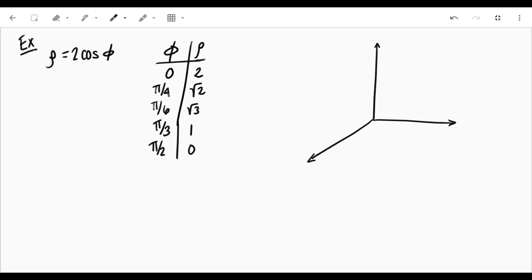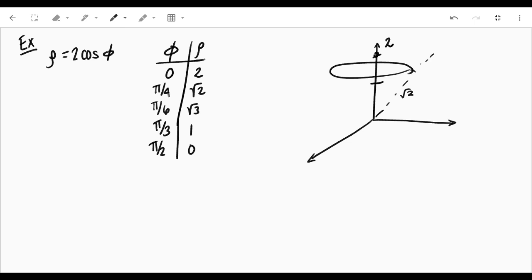So if we start to draw these, if phi is 0, rho is 2. If phi is pi over 4, rho is the square root of 2. Let's think about your cone again. Anywhere along there, we are at a rho of square root of 2. So go out here a distance of square root of 2, and then just rotate it around.